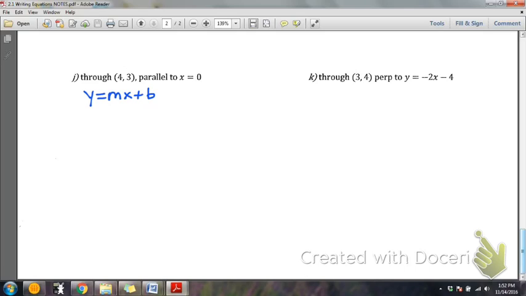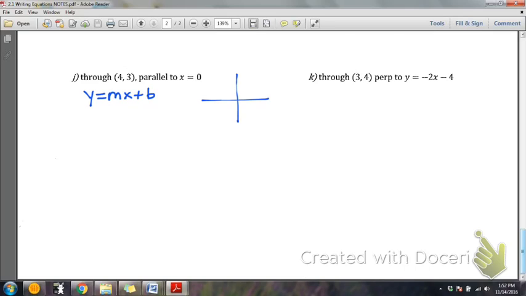Now, this is one that's a little bit funky because it says it's parallel to x equals 0. There are going to be ones in your homework today that you're going to need to draw an example of what this looks like because visually this doesn't make any sense. So, if I draw this, what does x equals 0 look like?